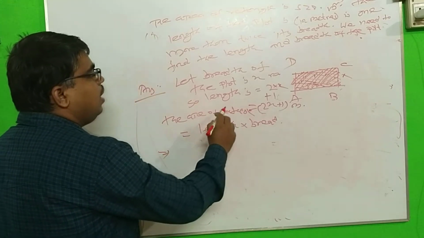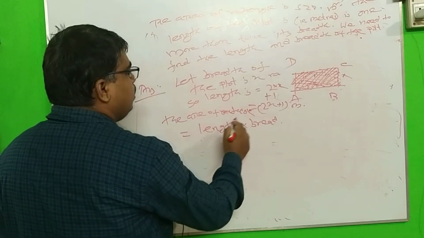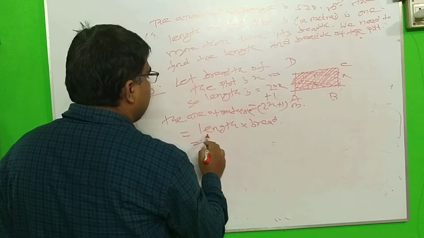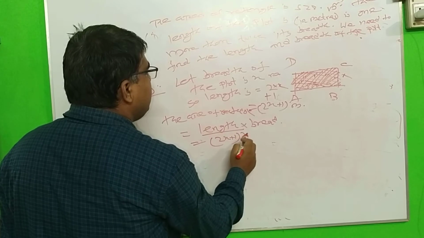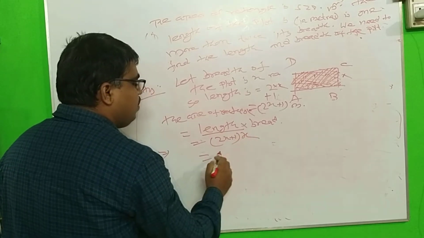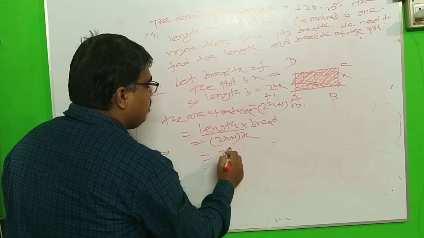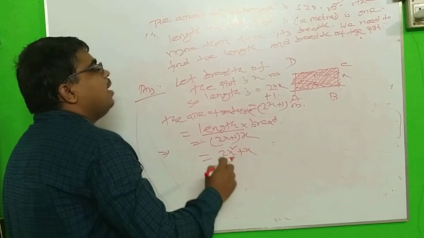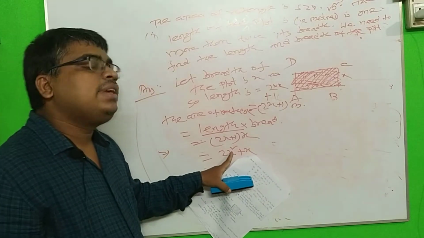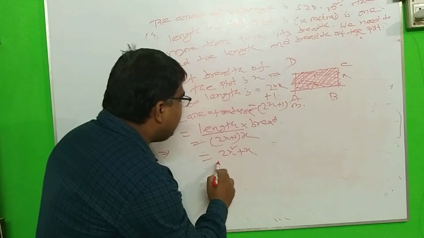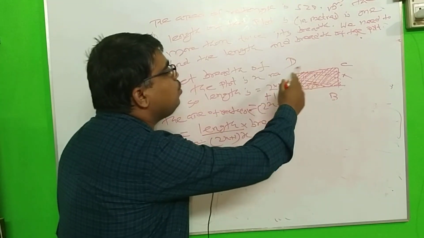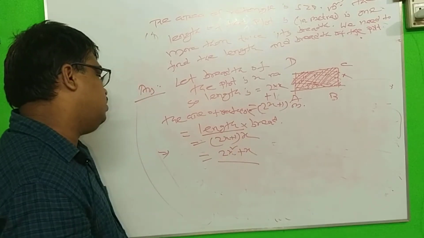Thus area is equal to length into breadth, length means 2x plus 1, breadth means x. We multiply: 2x square plus x. This is an algebraic expression of the total area of the plot.